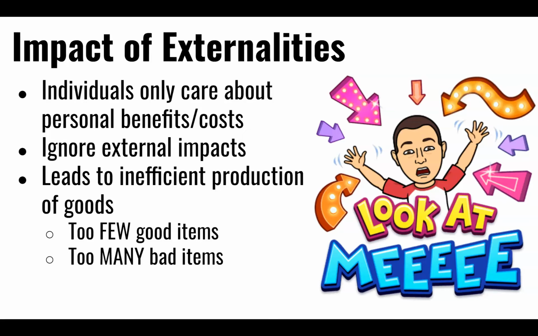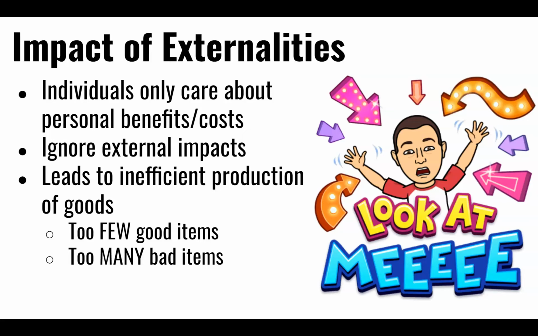And so as a result, because we're assuming that people are individual profit maximizers and they don't see the impacts of their behavior, it means that they will often produce too little of good items, things that add benefit to other people. And at the same time, we generally will overproduce too many bad behaviors or bad items that harm people.